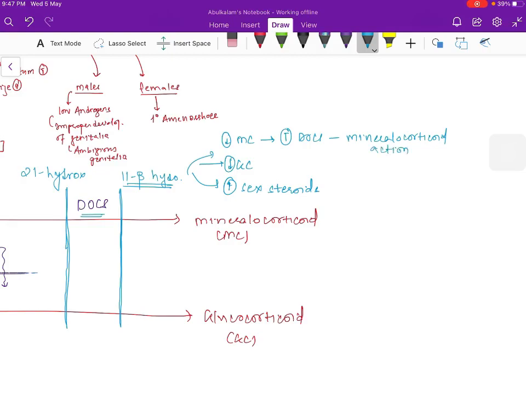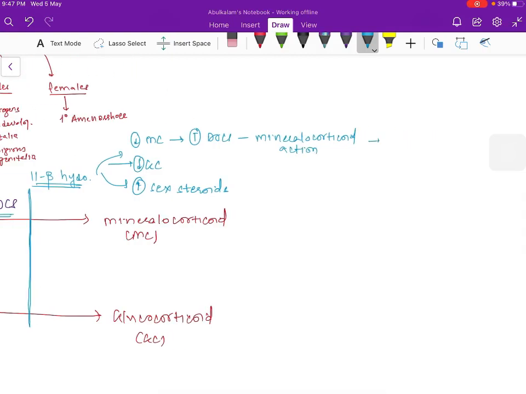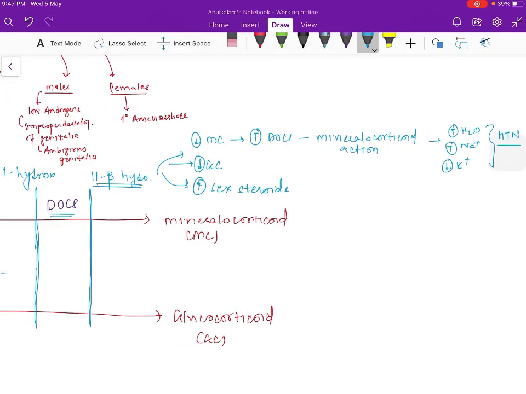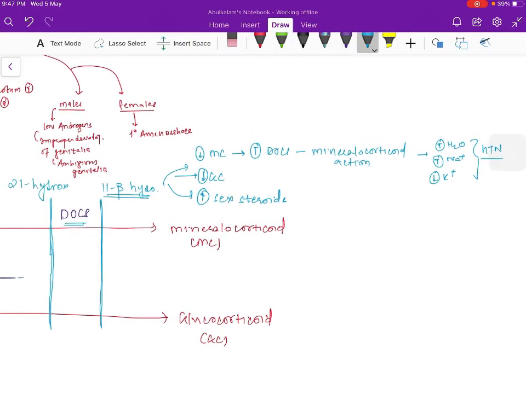If this exhibits mineralocorticoid action, that means that there's increase in water, there's increase in sodium, there's decrease in potassium, right? And this will result in hypertension. So although the production of mineralocorticoid is hampered in 11 beta hydroxylase deficiency, due to increased DOCS, which has got a mineralocorticoid action, it will present with hypertension.